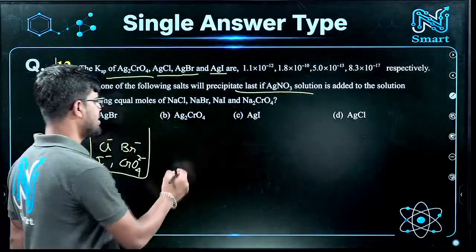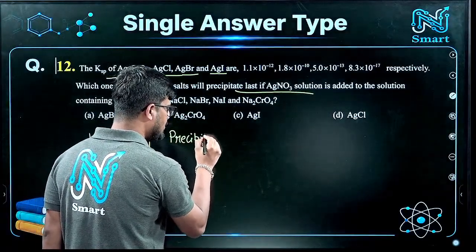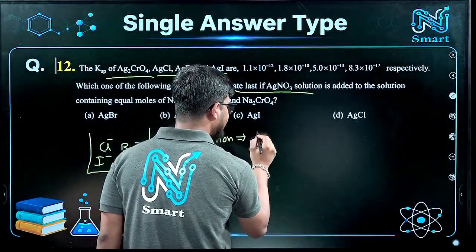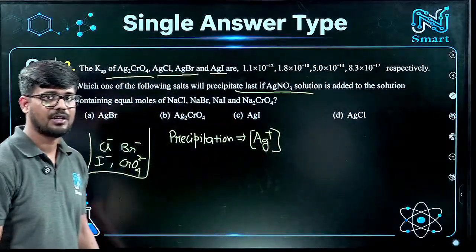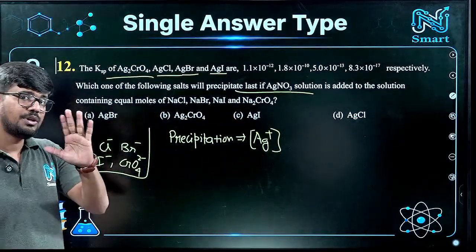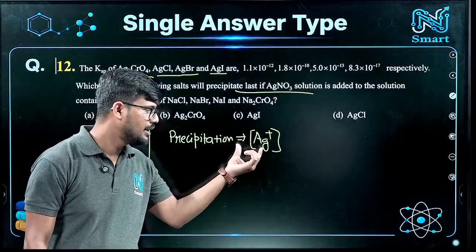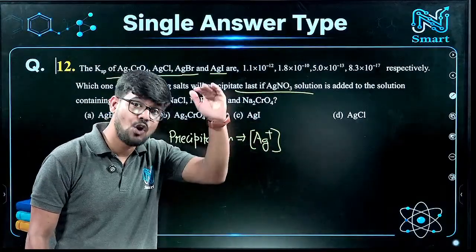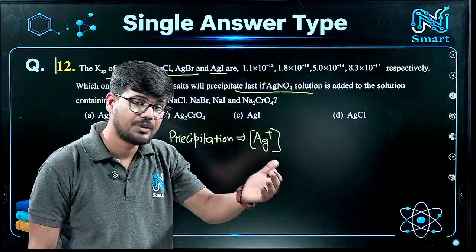So now, precipitation will depend on the Ag plus ion concentration. This is one concept here, pay attention. If the Ag plus concentration requirement is low, then precipitation will be very fast.